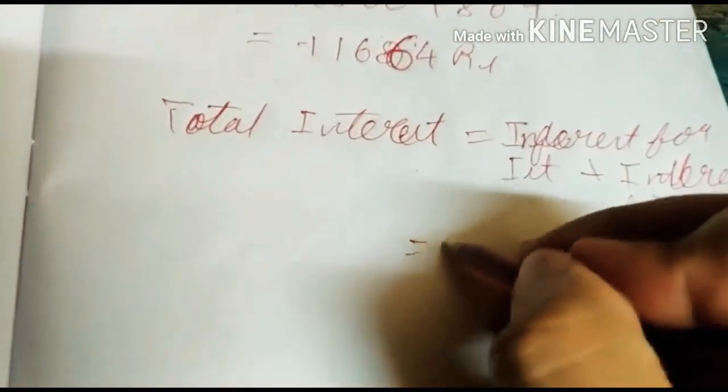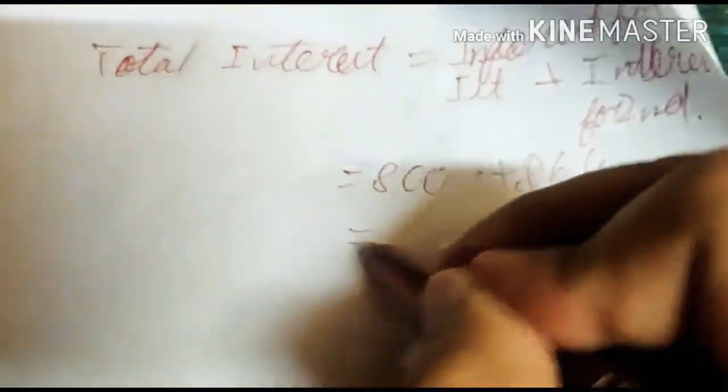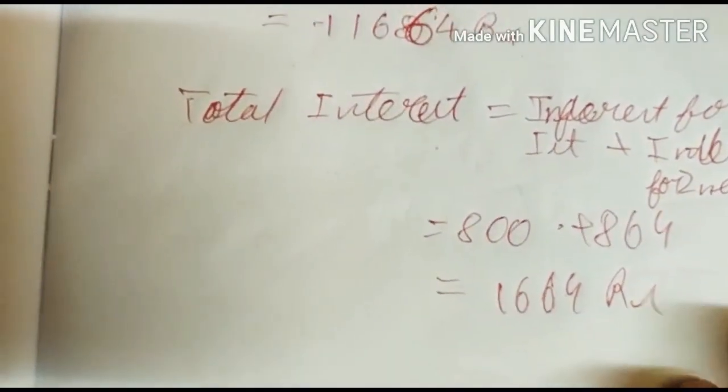Interest for the first year was 800, which we calculated here. Interest for the second year was 864. So total interest was 1664 rupees. It can also be calculated in one more way.